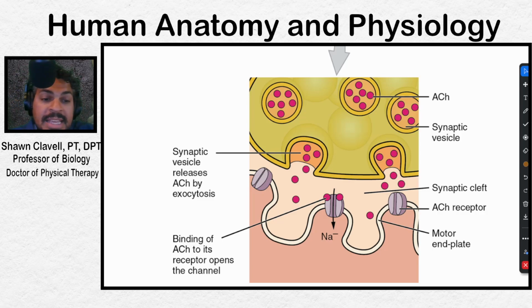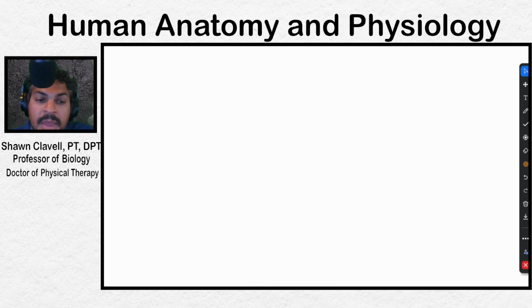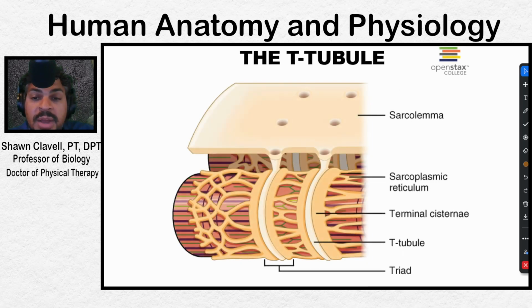It's the influx of sodium that allows for the action potential, the upset of the membrane potential, and that travels across the entire sarcolemma. From the sarcolemma, it travels into the T tubules, and that stimulation then stimulates the sarcoplasmic reticulum.